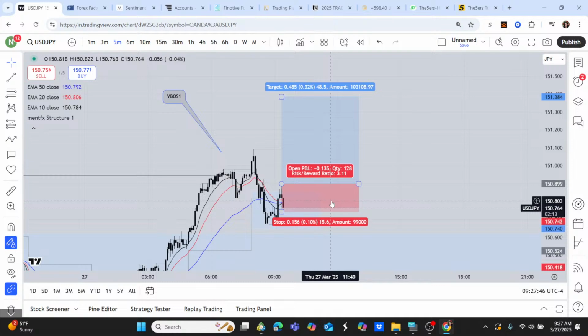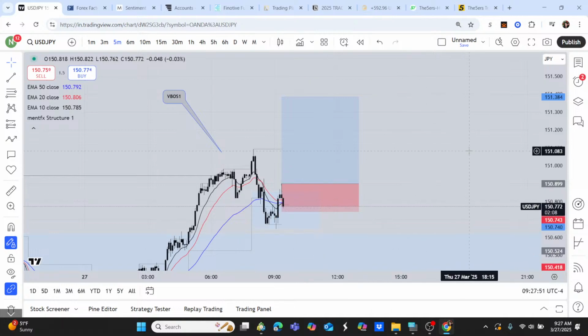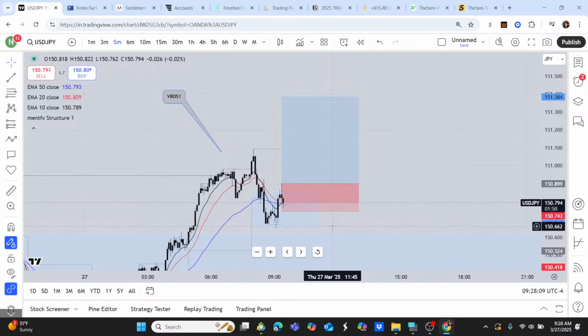I'm just getting it all ready. All right, there we go. So I'm not in the trade. I'm just waiting for it to get above that high, and then I'll enter it.